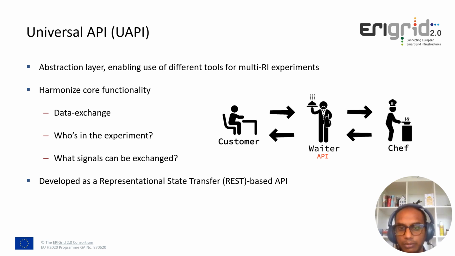But we also have to keep in mind that the waiter does this for multiple customers at the same time, and that's what the Universal API seeks to do. So the customers in this case are different transport or lab coupling tools, and the API translates some of their functionality.